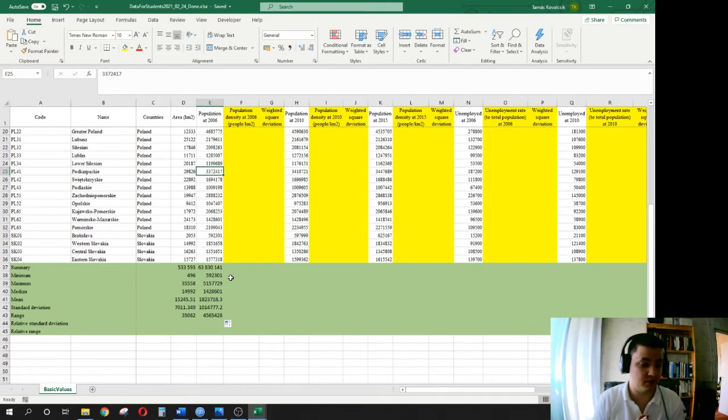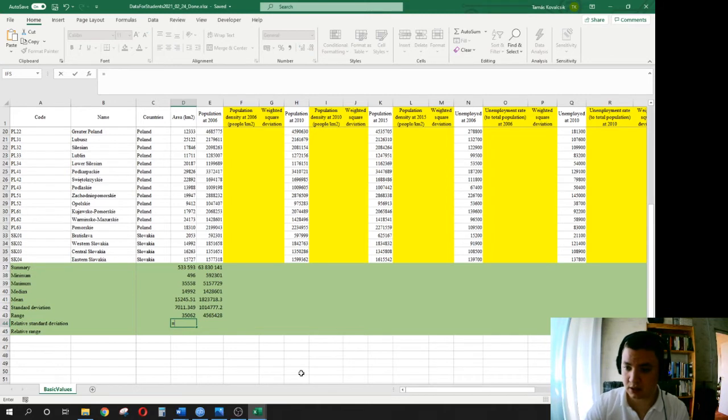If we have questions about which has the higher spatial differences, the area or the population or the unemployment or the GDP, we have to use the relative standard deviation, then the relative range. We have to divide the standard deviation by the mean.